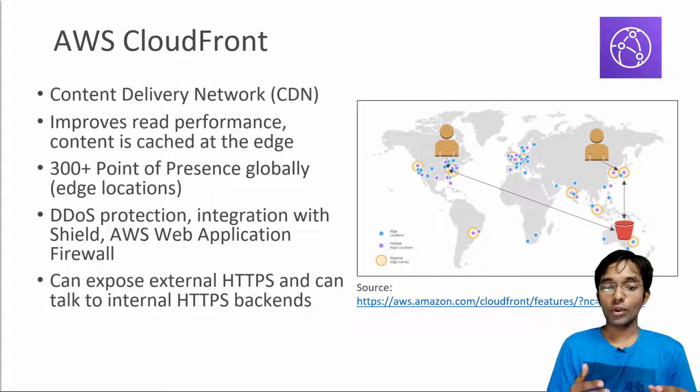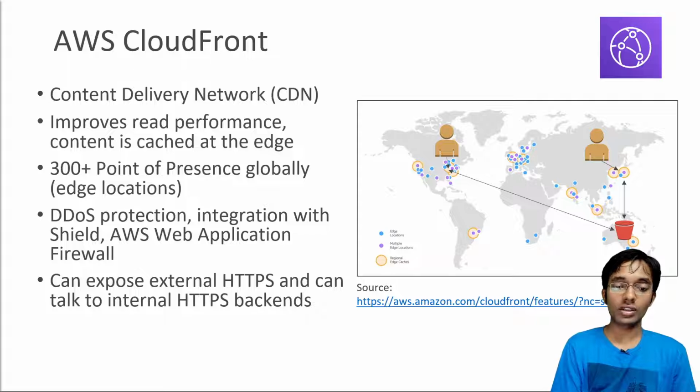Okay, so if we look at CloudFront at a high level, we have, for example, an S3 bucket in Australia and a user in America. Instead of directly talking to the S3 bucket in Australia, my user is going to talk to an edge location in America, and the edge location is going to retrieve the content from the bucket in Australia.